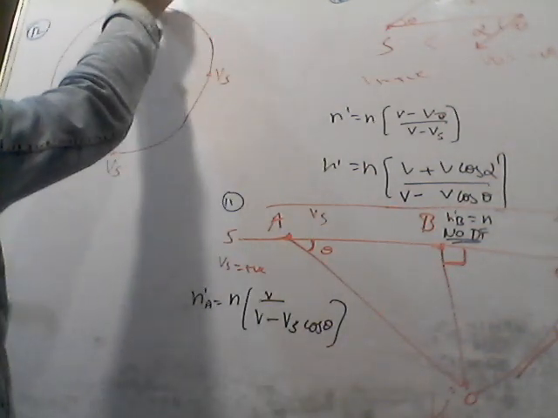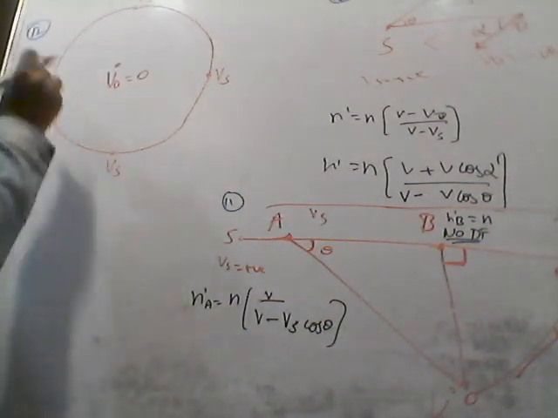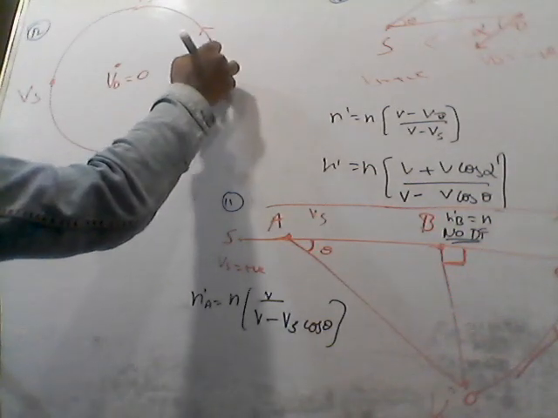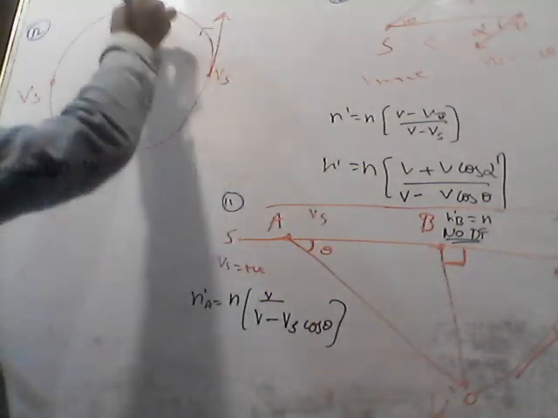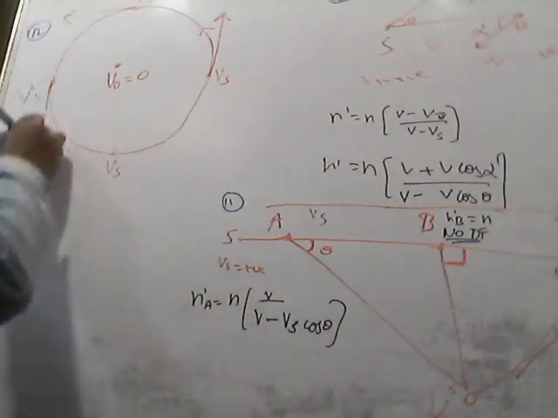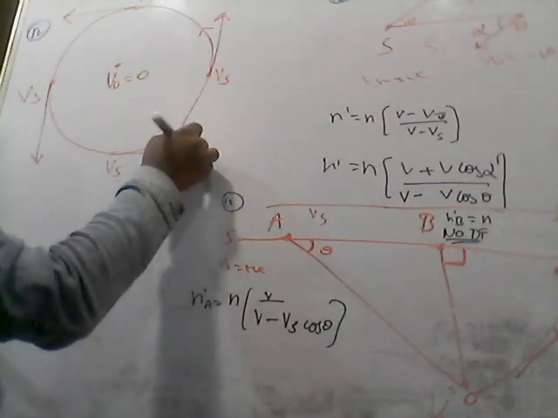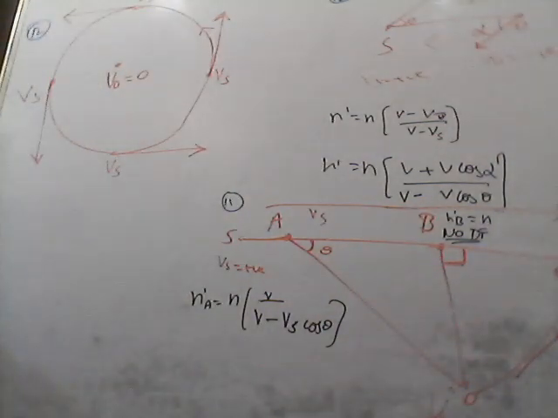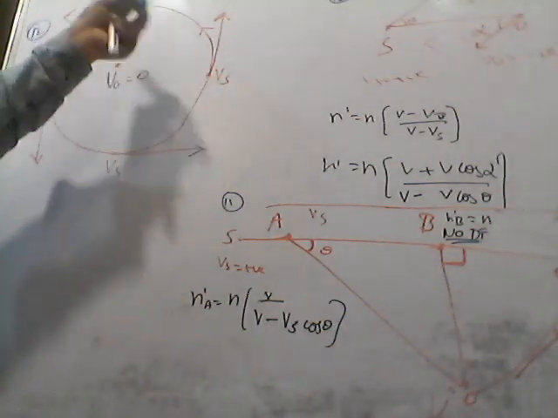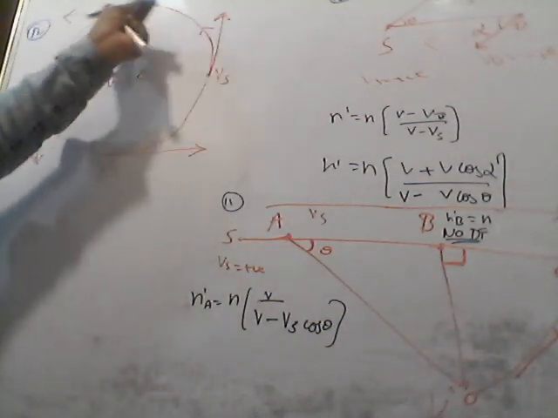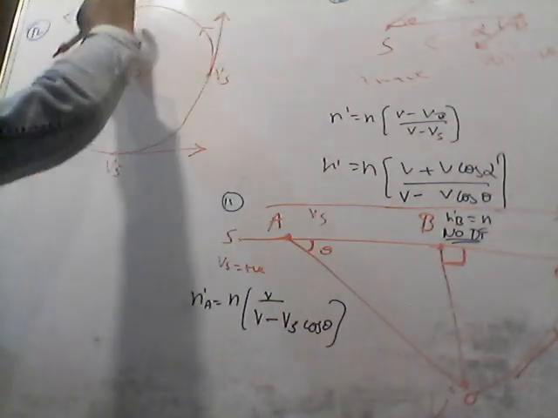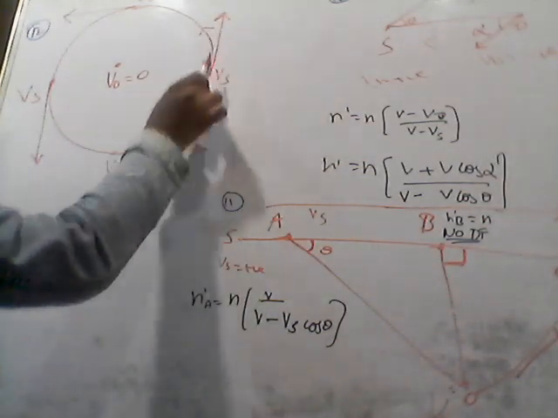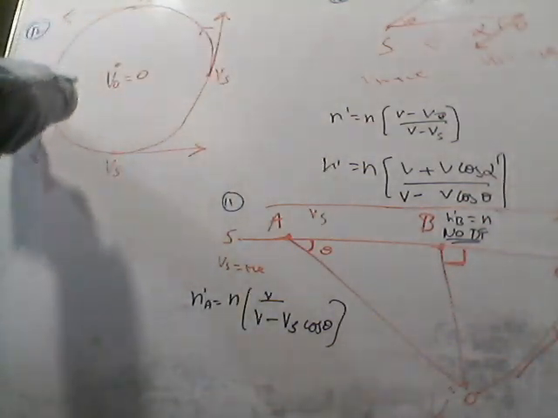Can I say in this direction the linear velocity will be there? The angular velocity is in this direction, omega, but the linear velocity is along the tangent. So this is the tangent, like this, like this, correct?